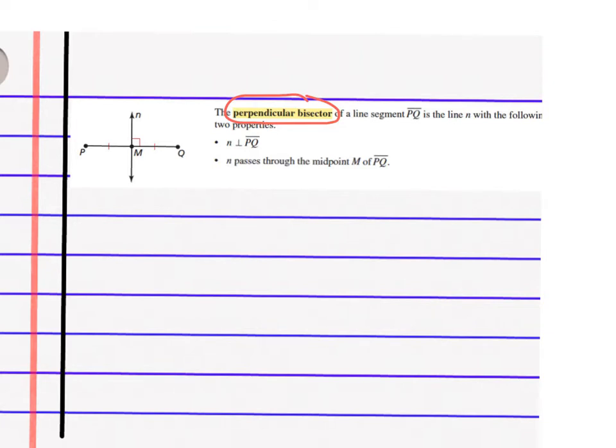Line N, I'll make N green here, is perpendicular to PQ. It's perpendicular, we see the little right angle mark, and N passes through the midpoint, which is point M. So these two segments, PM is congruent to MQ, like 5 and 5, 10 and 10, 15 and 15, they're congruent. So that is what a perpendicular bisector is. Line N is the perpendicular bisector.